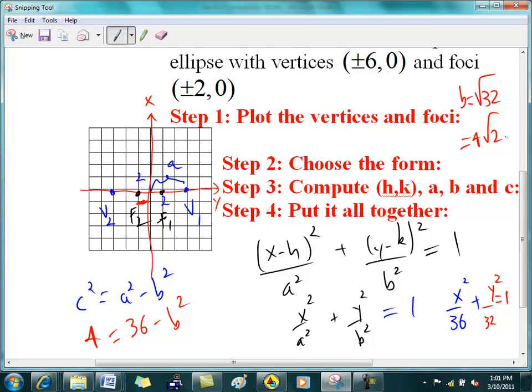Root 2 is 1.4142, so 1.4142 times 4 is about 5.6, roughly. So the other end of the ellipse is going to be 0, 5.6, about here. So your ellipse looks like this.